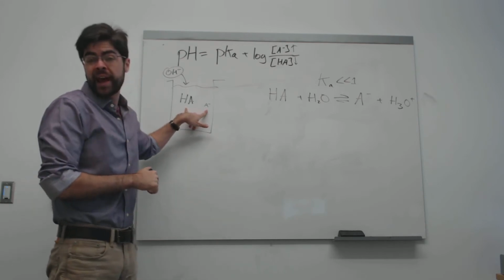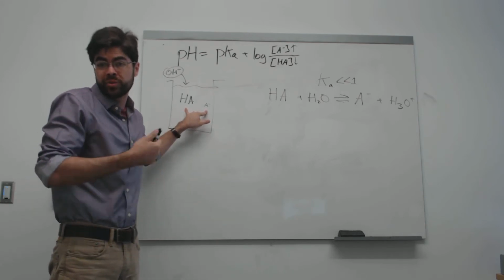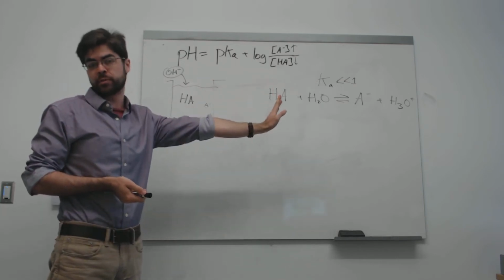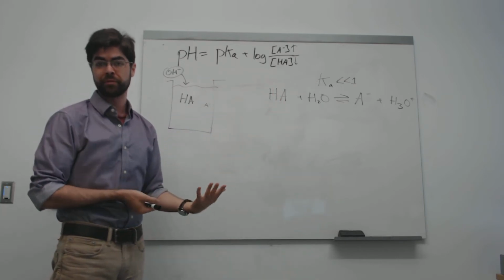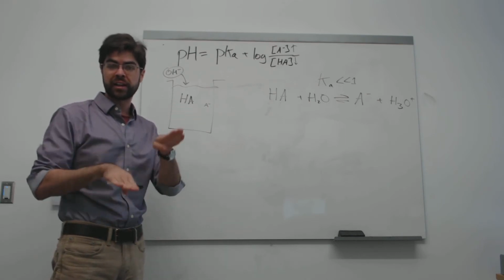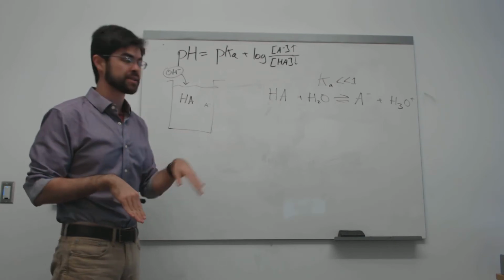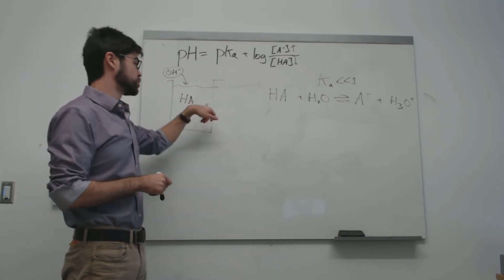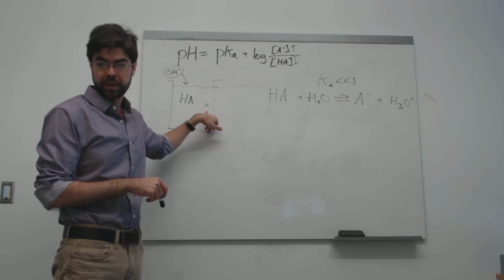And you technically already have that. A weak acid on its own technically is a buffer. There's a small amount of its conjugate base present, and so by definition, it's a buffer. It's not a great buffer because a great buffer has those concentrations in equal amounts, and that's not the case for the weak acid initially. There's only a small amount of conjugate base present.